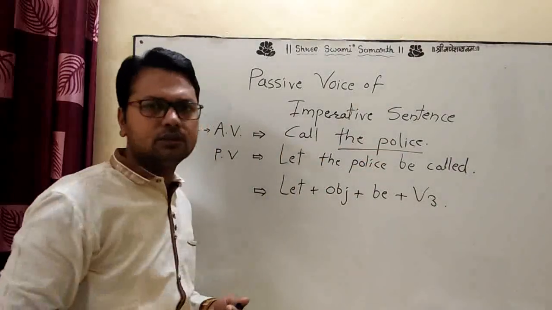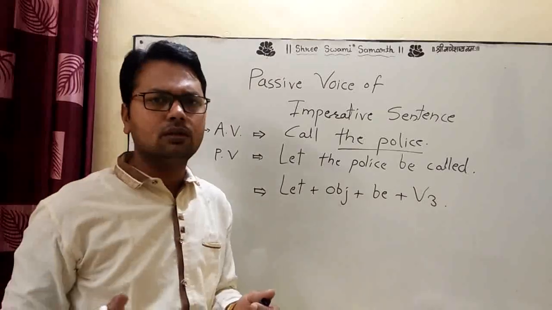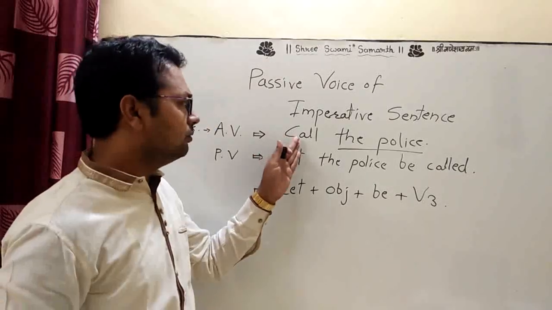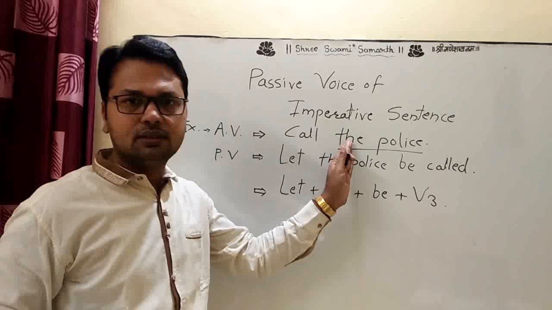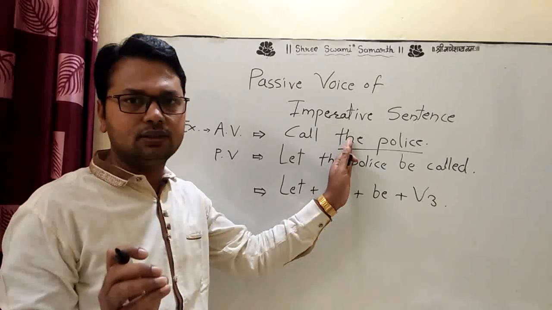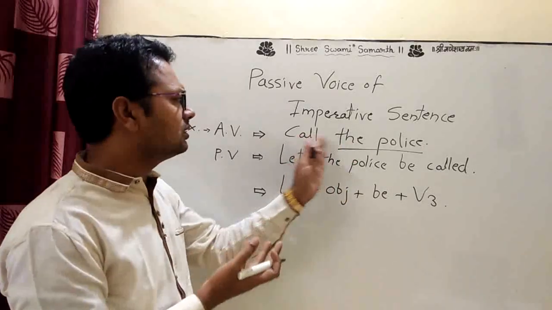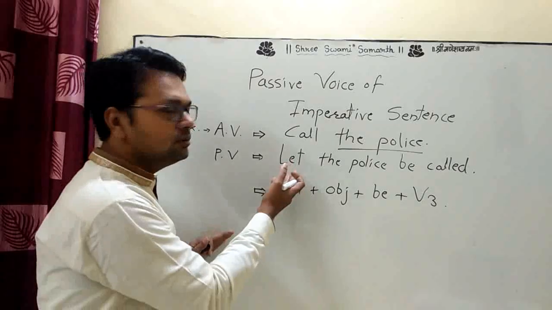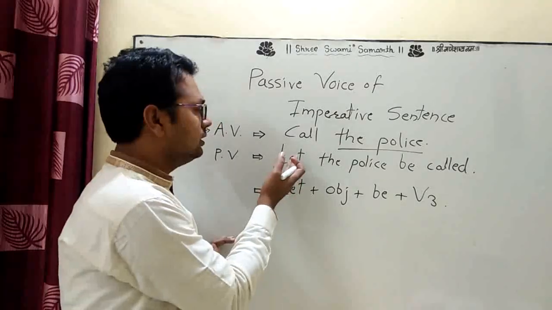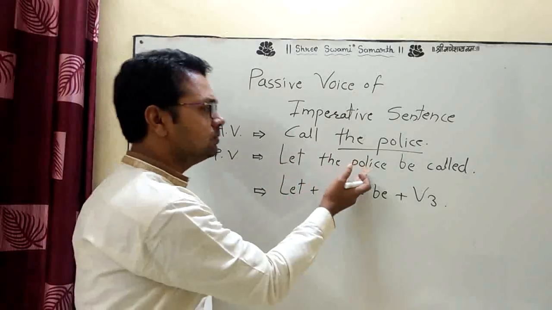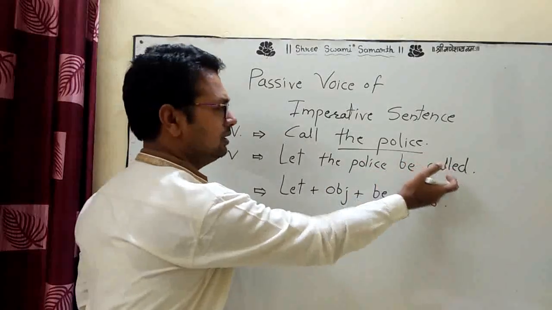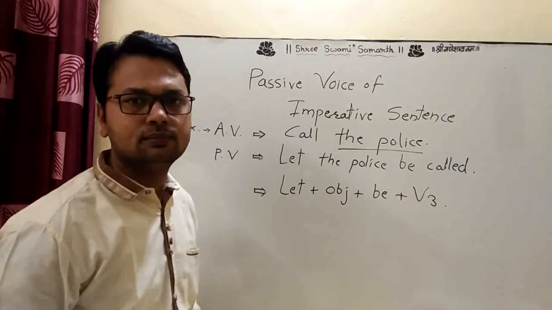And in imperative sentence, the formula of active voice is very simple. The V1 plus object. This is the formula of imperative sentence. And it is very easy to understand. And when we use the construction of let, we use let, then we take the object, then be, and then V3. It's very simple.